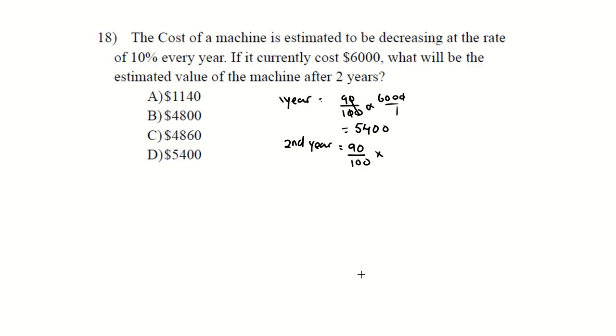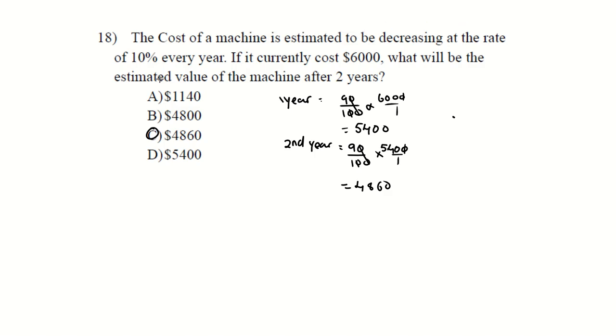So after your second year, it would be 90%, which is after your 10% decrease, of 5,400, right? Cross this out, cross this out, cross this out. 540 multiplied by 9 is 4,860. So the answer would be C. And that is how you would do this question.